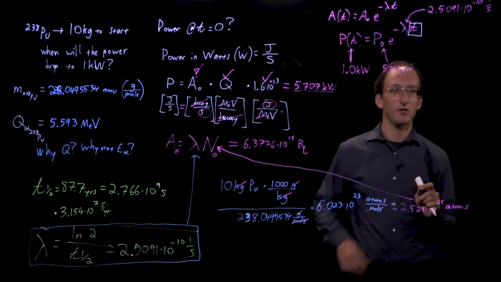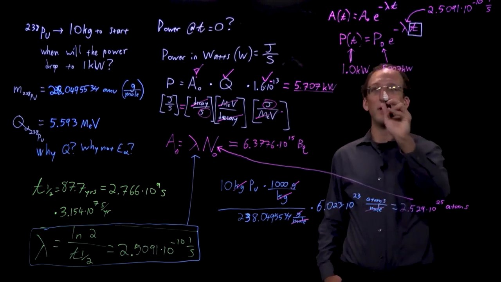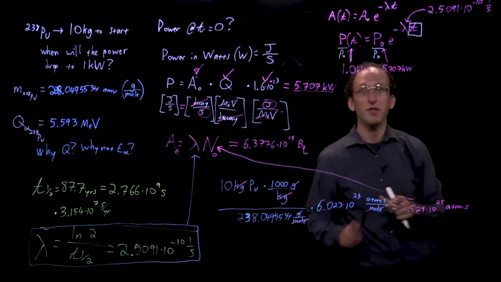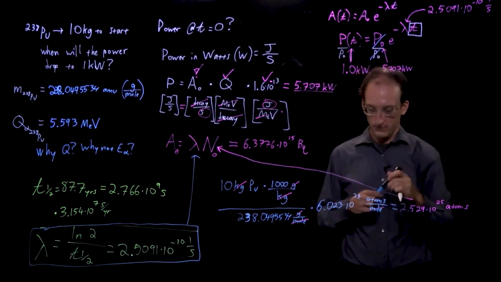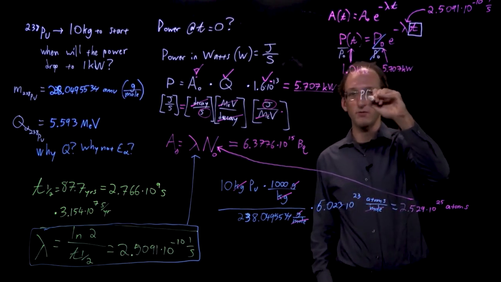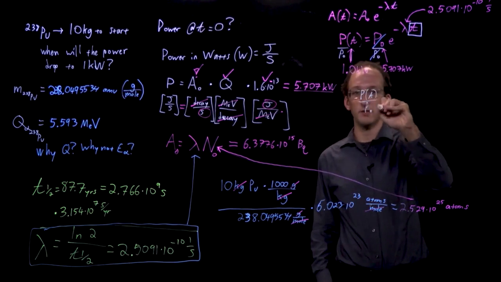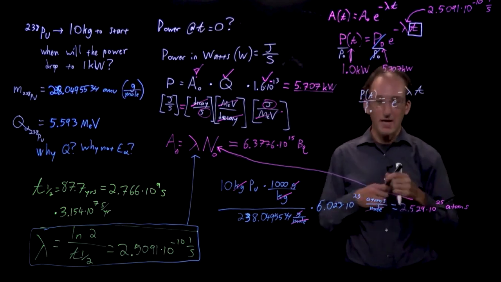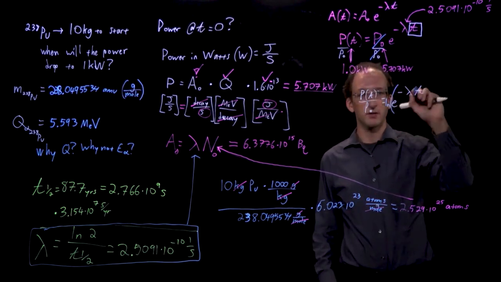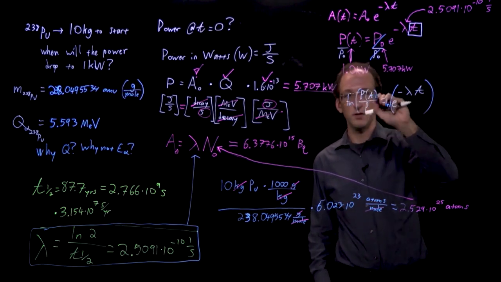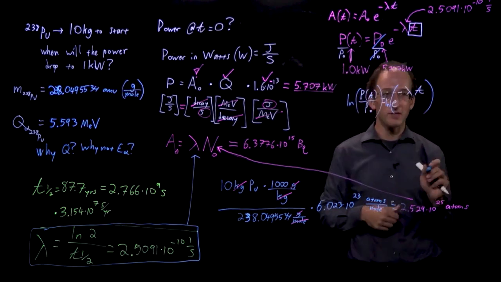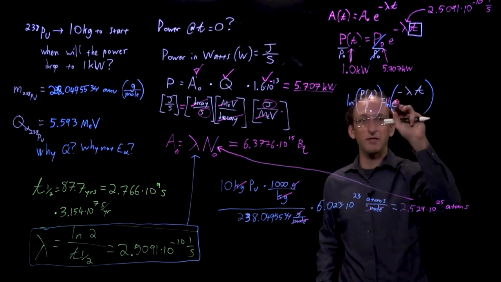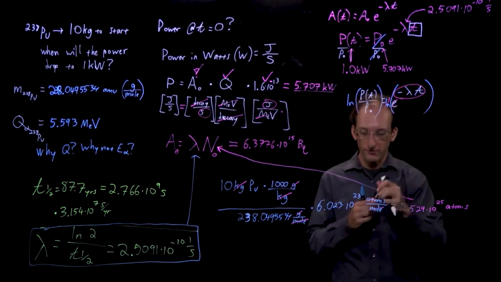So let's start rearranging this equation a little bit. We can divide each side by P naught, noting that in this case the P naughts here cancel. And we end up with P over time over P naught equals e to the minus lambda t. We can take the natural log of both sides, because we're looking to isolate the stuff in the exponential right there. And we note in this case that the natural log of e to the something is just that something itself.